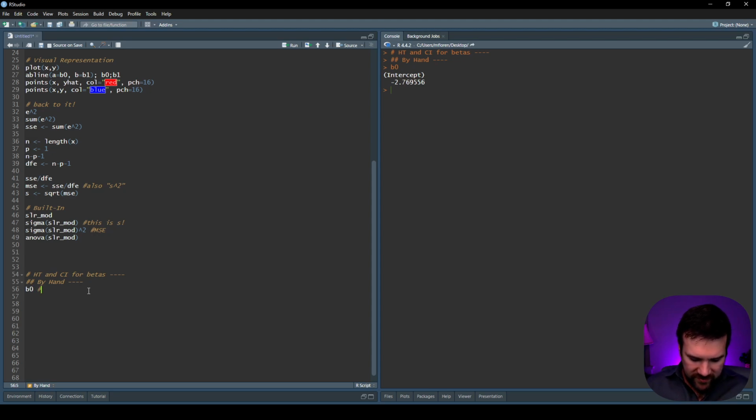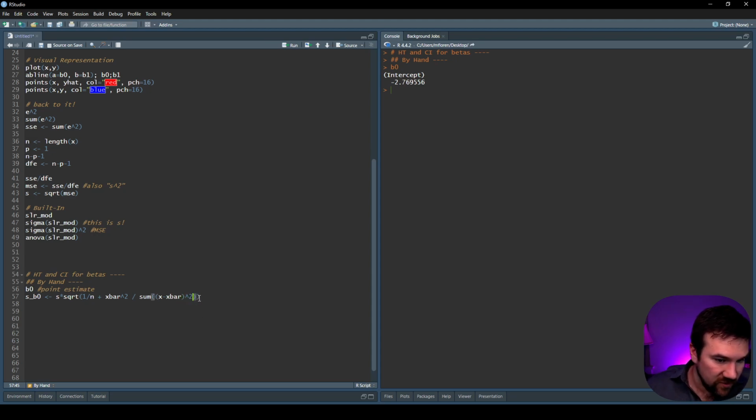Remember, this is our point estimate. Then I'm going to have s sub b0. This is my standard error. And my equation for this was s, which I found earlier right here, times the square root of 1 over n plus, and I'm just reading my equation over here, x bar, the mean of x, squared, divided by the sum of x minus x bar quantity squared.